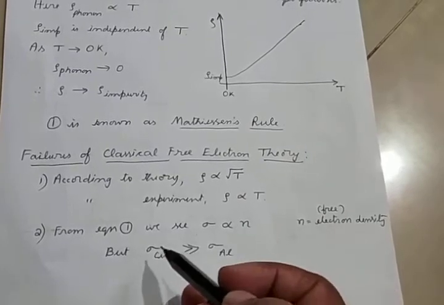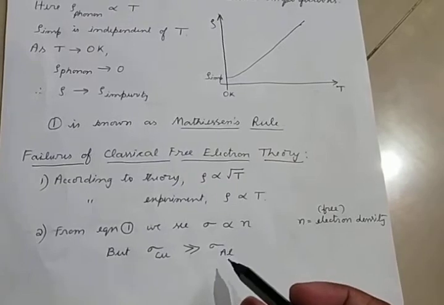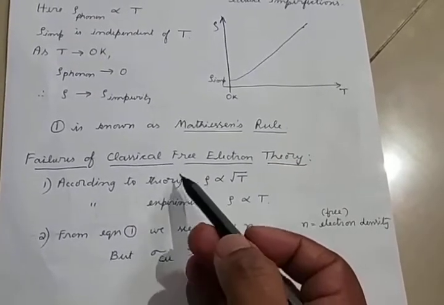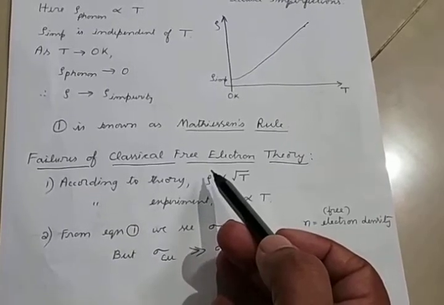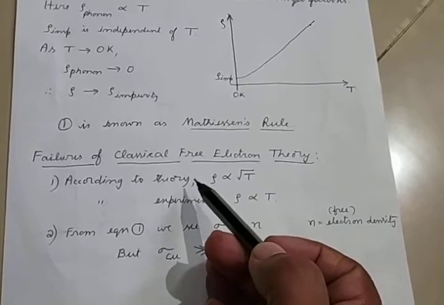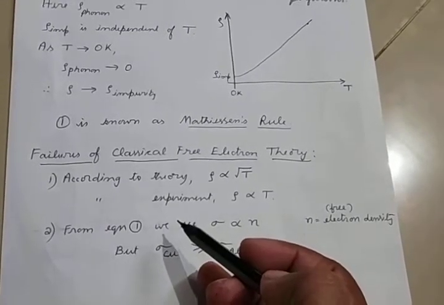But we know that the conductivity of copper is much greater than the conductivity of aluminium. So these are some examples to show that the classical free electron theory does not explain all the facts correctly. Because of this, we propose a new theory, the quantum free electron theory, to explain the conductivity of the metals.